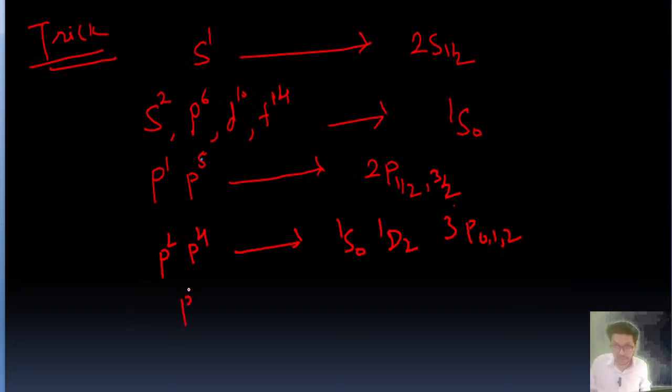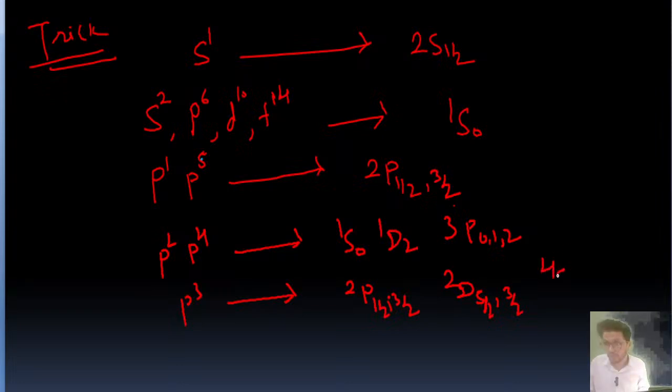For p3, the values are 2P with 1/2 and 3/2, 2D with 5/2 and 3/2, and 4S with 3/2.